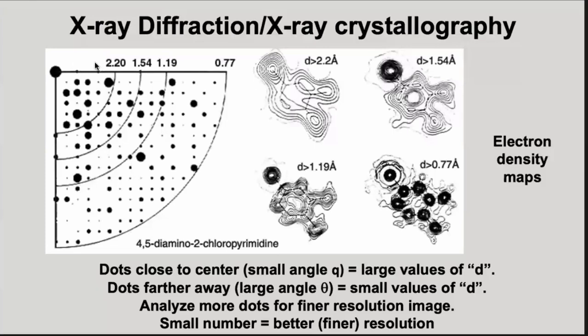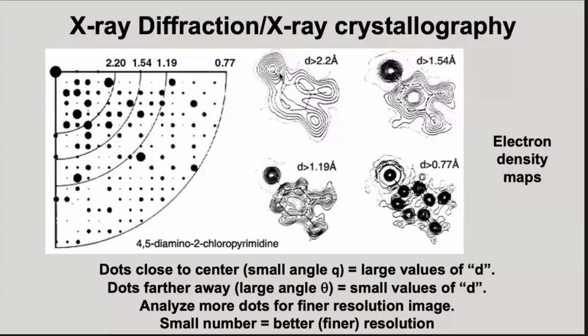With a computer, you can take those values of D, do this thing called the Fourier transform, and actually draw something called an electron density map, which is kind of like a topographic map used in geography. In a topographic map, those little lines are measuring elevation. Here in X-ray crystallography, the lines are measuring the concentration of electrons.